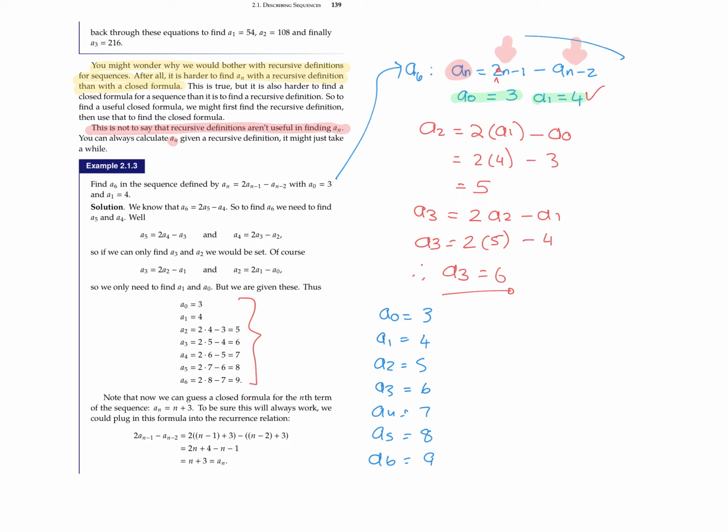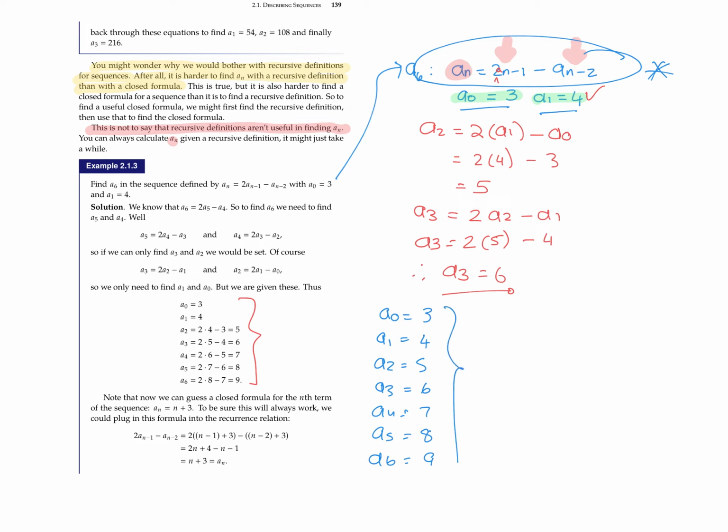We would have never seen it if we just looked at the way the recursion was defined. This might have been a little bit of a hint, but we don't know unless we've worked out at least 5 or 6 terms. So now you can see what the closed formula would be.